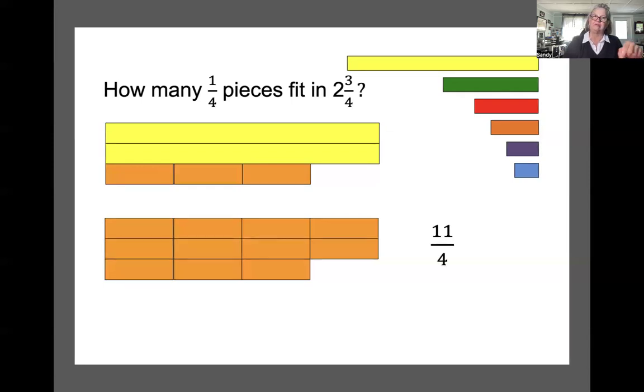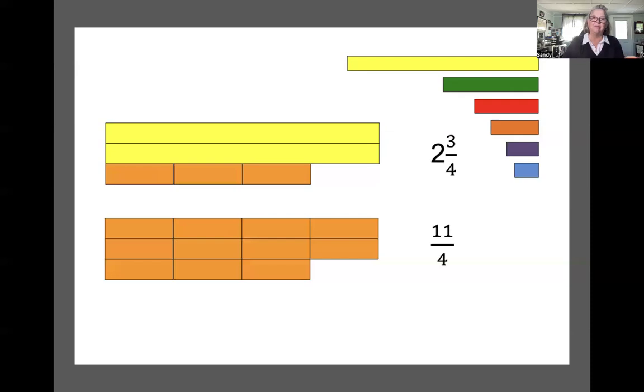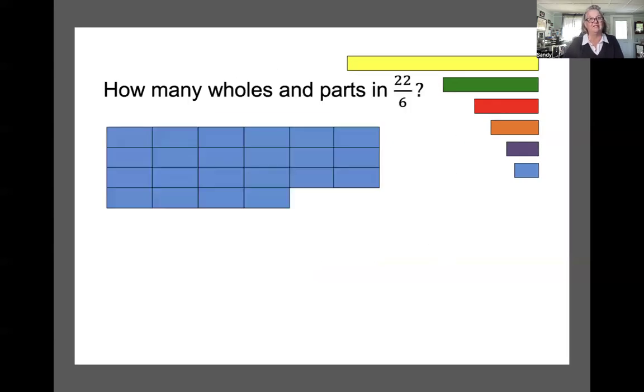In the improper fraction, it's telling us how many unit fraction pieces we're going to need versus the mixed number that shows us wholes and parts to make that equivalent size piece. So we end up learning that 2 3/4 is equivalent to the 11 1/4 pieces. Or 2 and 3 1/4 pieces is equivalent to 11 1/4 pieces.